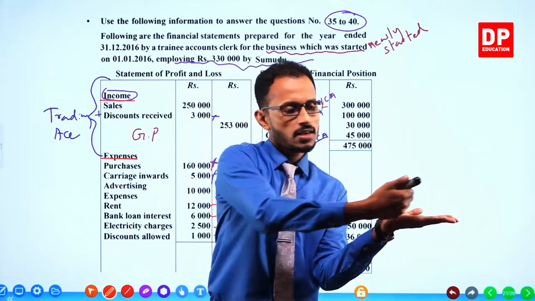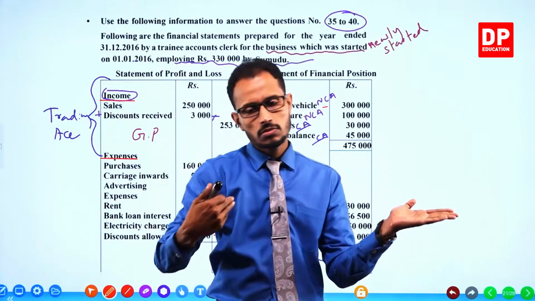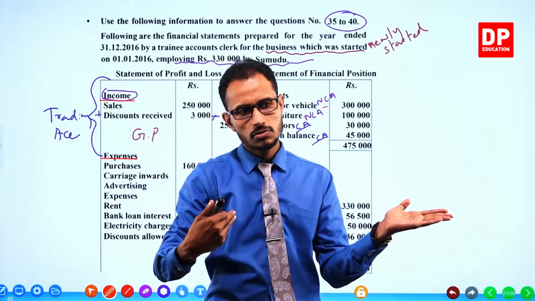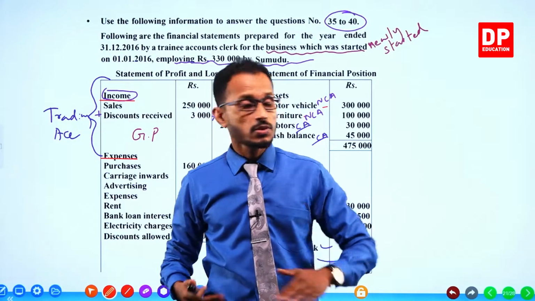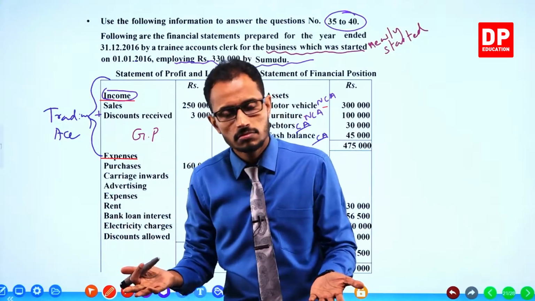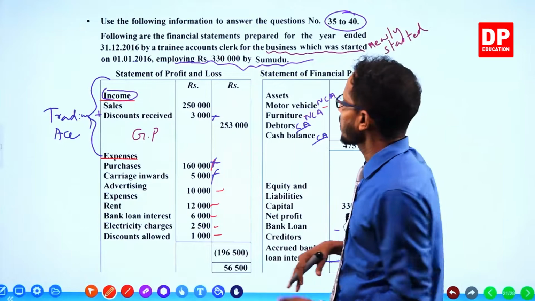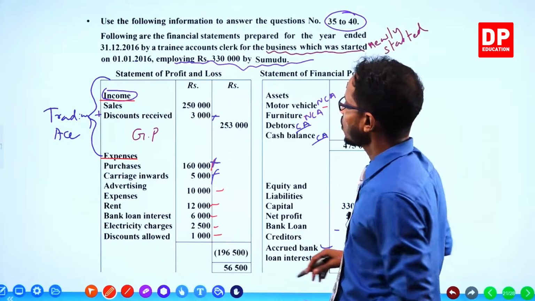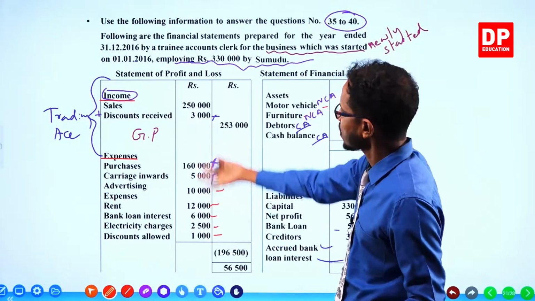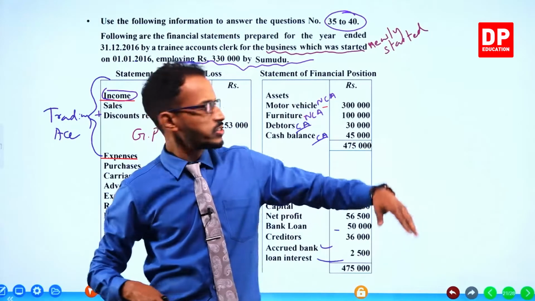From the last year there was no remaining stock to be taken as the opening stock, because last year this business was not there. It was started this year. No opening stock. No closing stock.